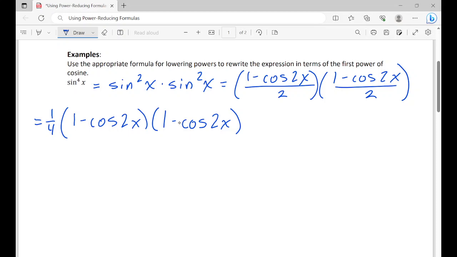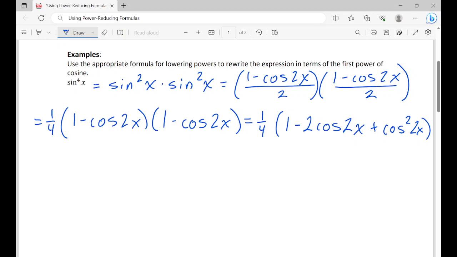And now I'm going to distribute the two parentheses together, and I'm going to end up with 1/4, 1 minus 2 cosine 2x plus cosine squared 2x.